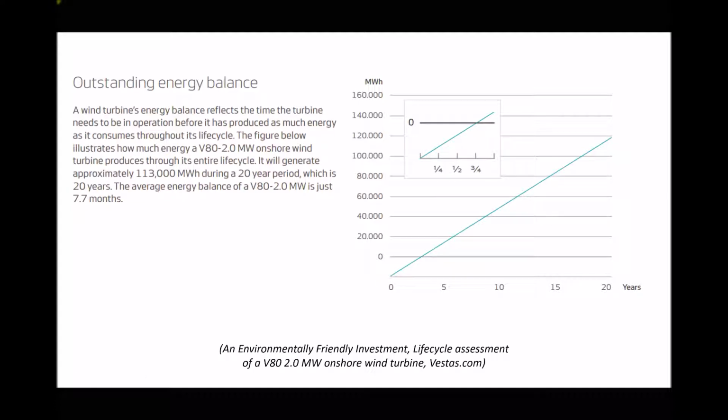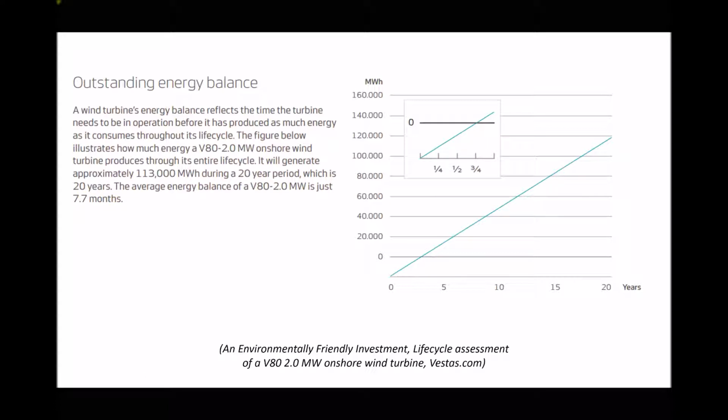Now when it starts its operating life cycle, eventually we're going to get back to the 0 point. So in effect, we're going to have produced enough energy to cover all of the energy used during manufacture. Now what this document indicates for this particular wind turbine is that this point occurs at roughly 7.7 months. So the turbine is operational for 7.7 months before it's then producing energy in excess of the energy used for its manufacture.